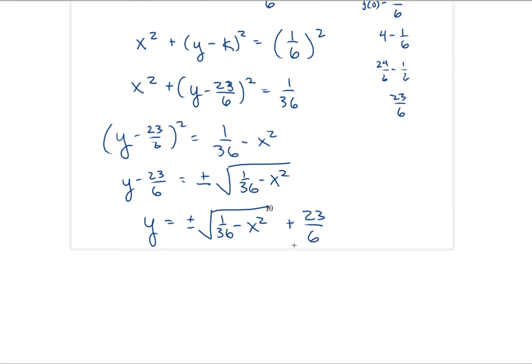All right, so I can punch those into my calculator, and let's take a look and see if we believe that this is the appropriate osculating circle here.